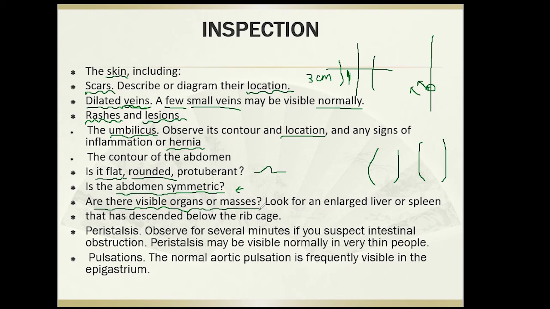Mostly when we do palpation we can find them. But for some people, like people with poor nutrition, there are pretty small muscles in the abdominal area and no fat tissue. Then we possibly can see the organ's shape or even some muscles show up, like in an end-stage cancer patient. People are pretty thin, then we possibly can see it.